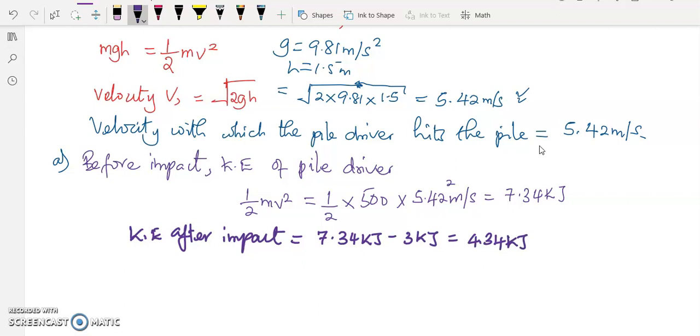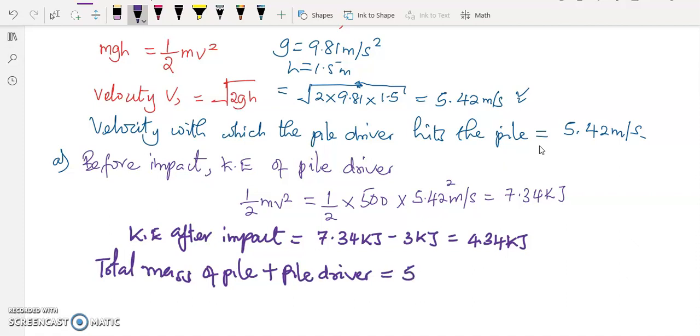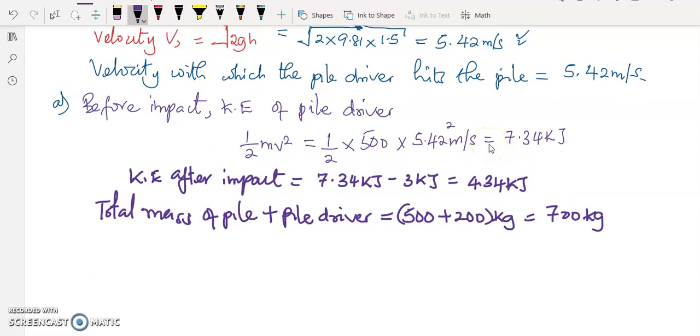The pile driver and the pile together have a total mass: the mass of the pile driver is 500 plus the mass of the pile, 200. So this gives us 700 kilograms. That's the total mass, and these two possess kinetic energy equivalent to 4.34 kilojoules.